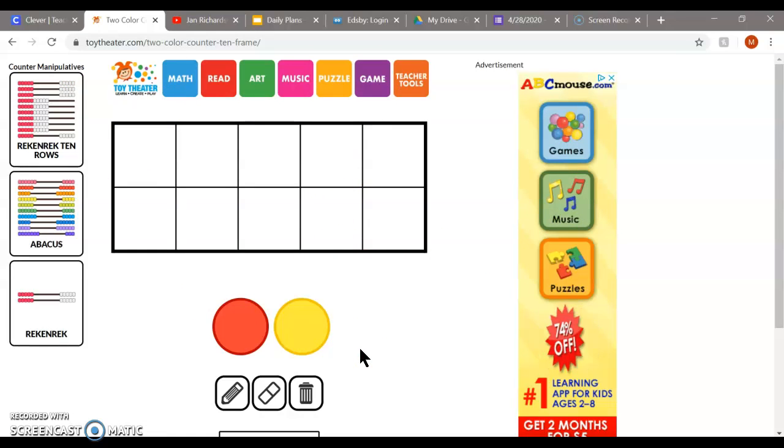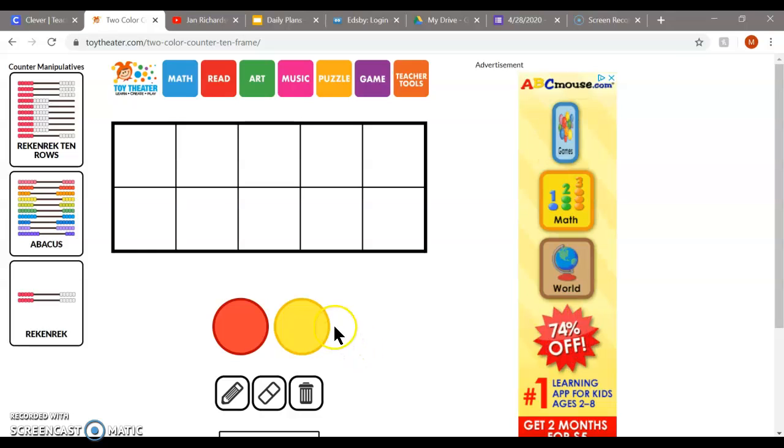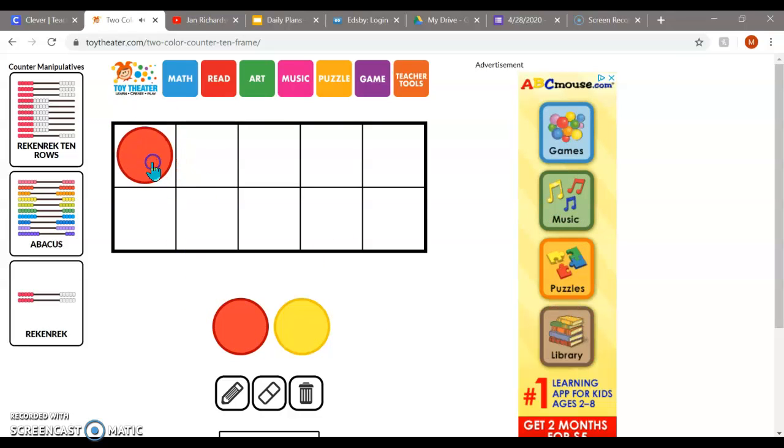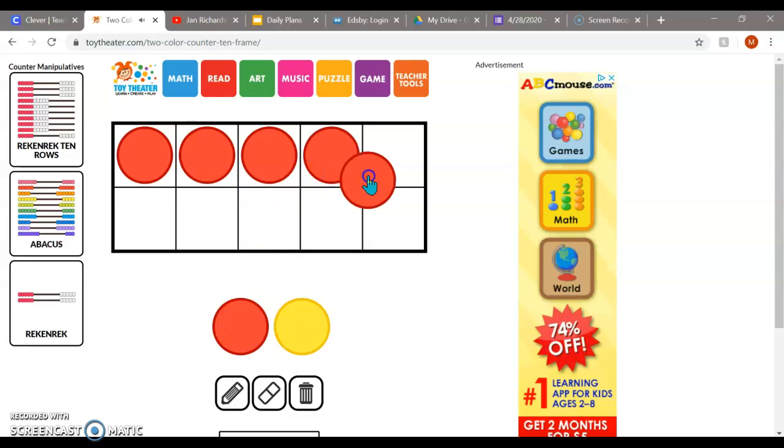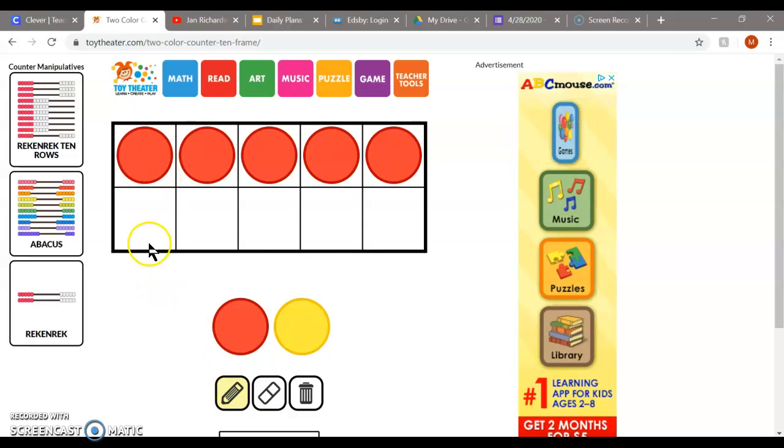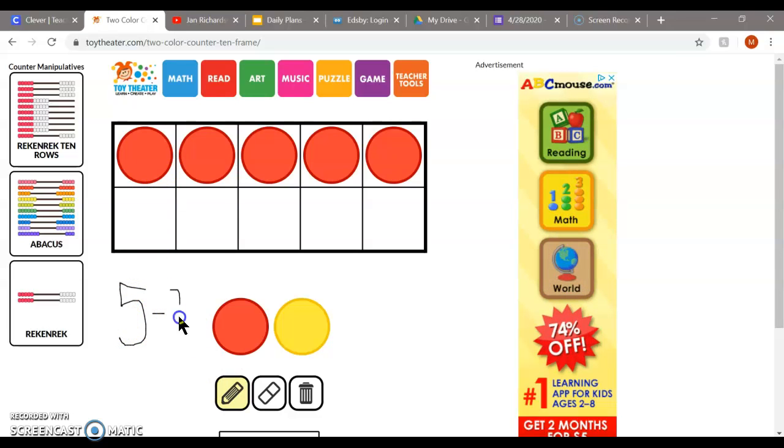So let's say that our problem is 5 minus 2. 5 is our first number, so I'm going to add 5 dots. 1, 2, 3, 4, 5. I'm going to write that so you guys can see it.